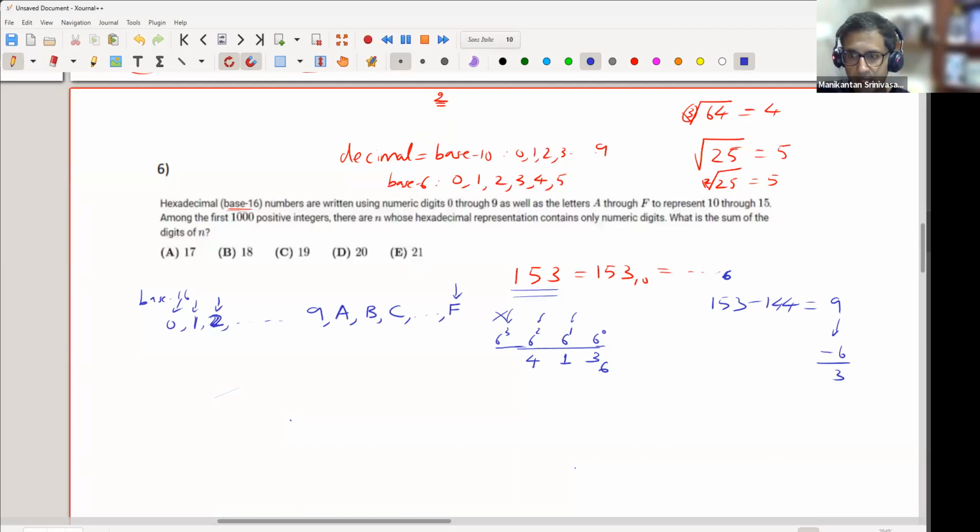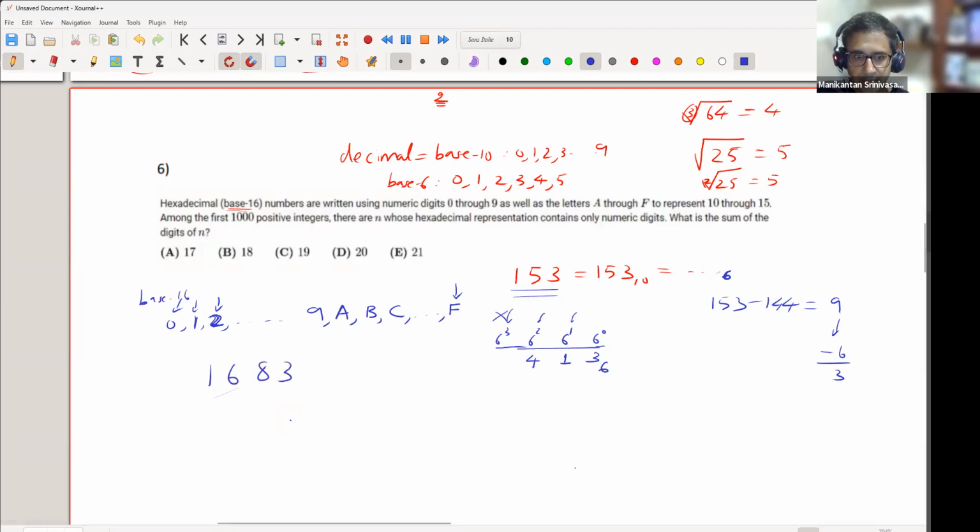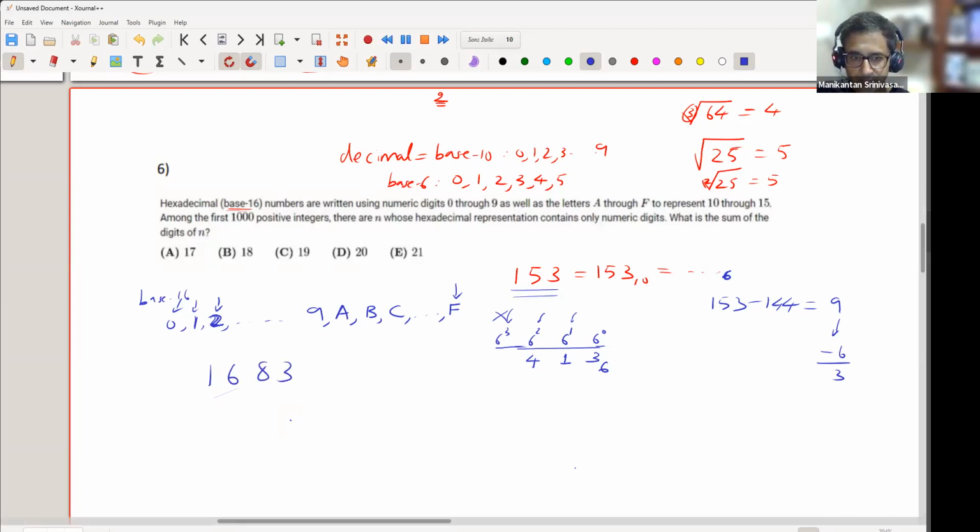So Apurva and Shivank, can you convert the number 1683? Okay, this is base 10.